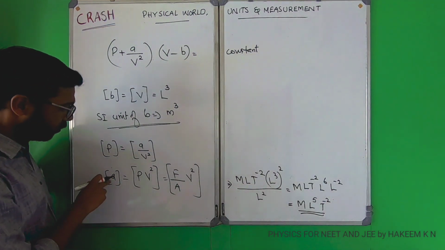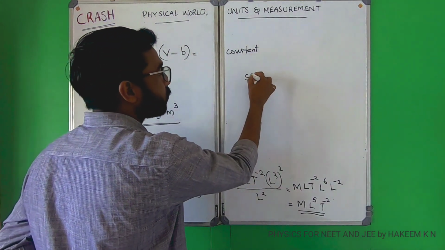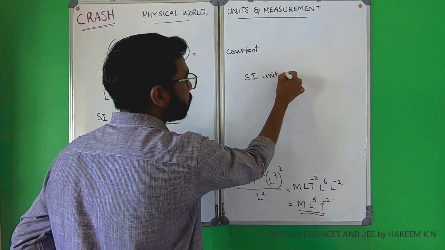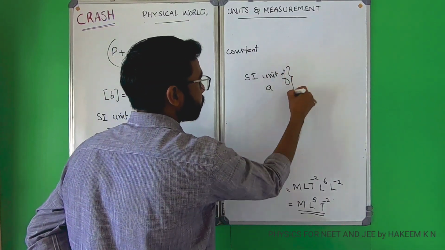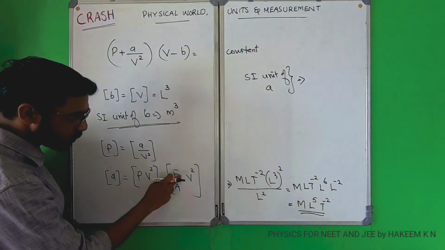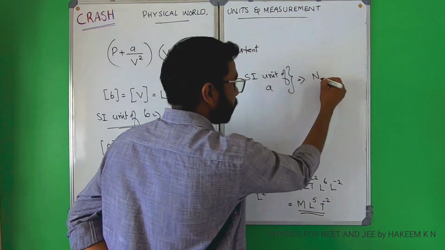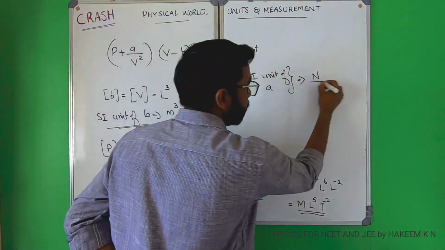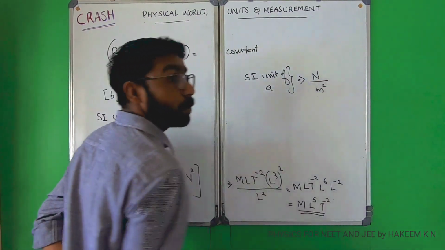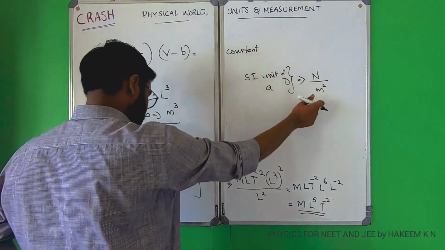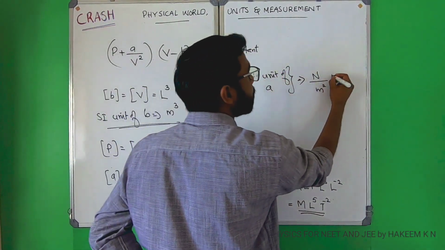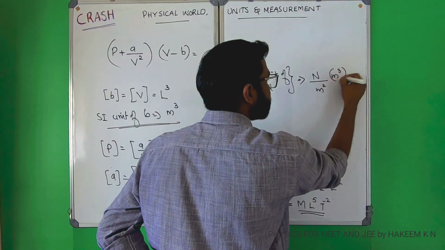And what is the SI unit of A? Force unit is Newton, area is meter square, or we can write Pascal here. Newton by meter square into volume square, it is meter cube square.